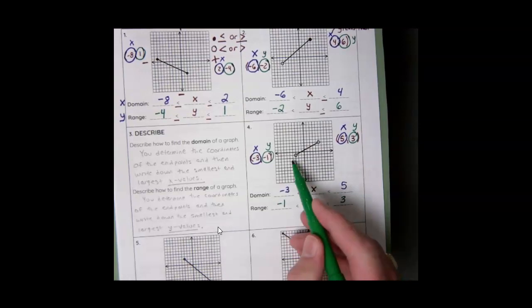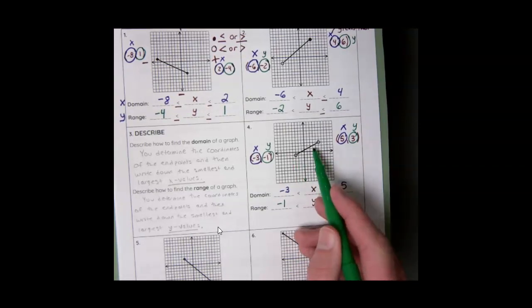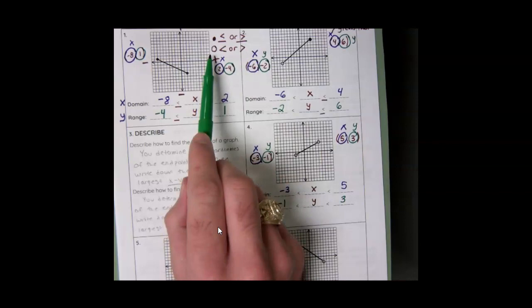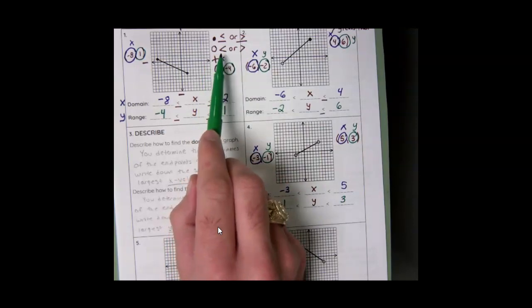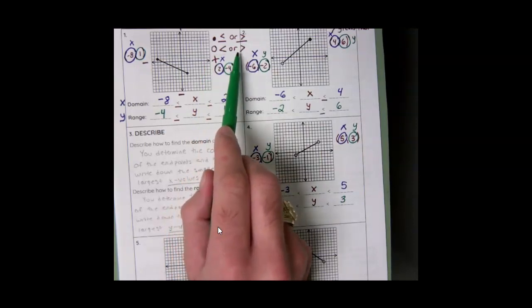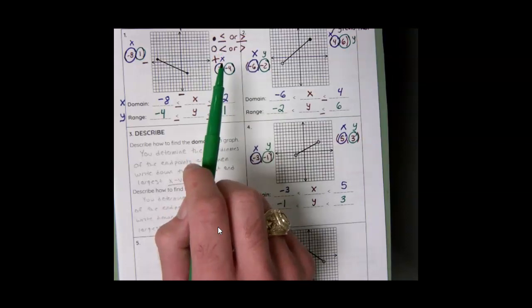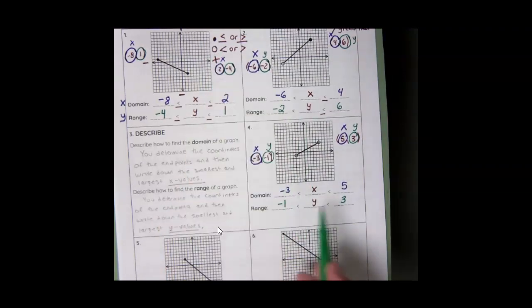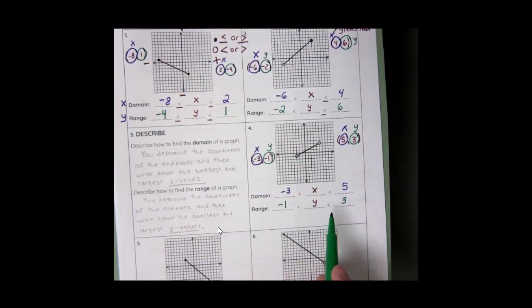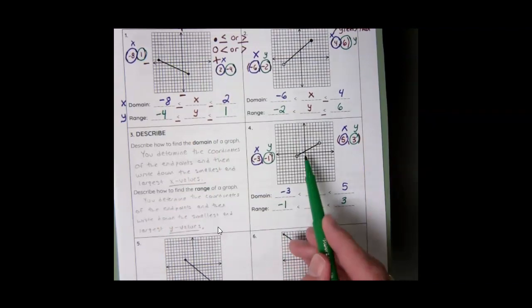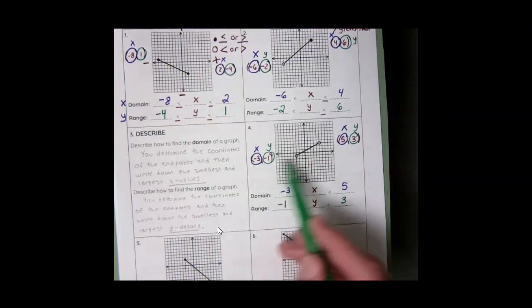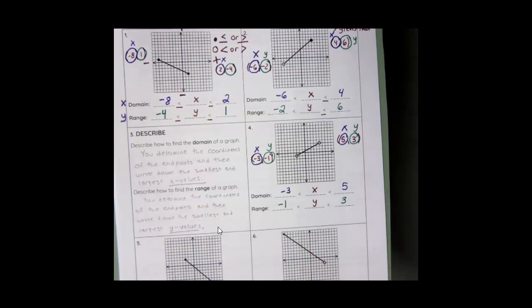Now, I have 2 open dots. So if we look back up here, open dots, we leave it as less than or greater than. We do not put the or equal to. So on this graph, we leave both of these exactly the way they are, because it approaches negative 3 and it approaches negative 1, but it does not equal it. Same thing with 5 and 3.